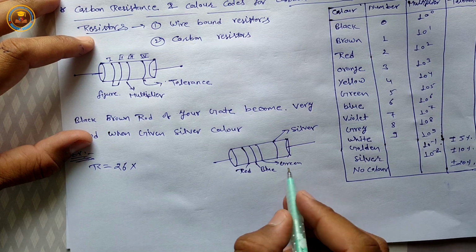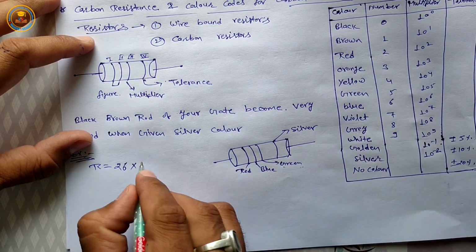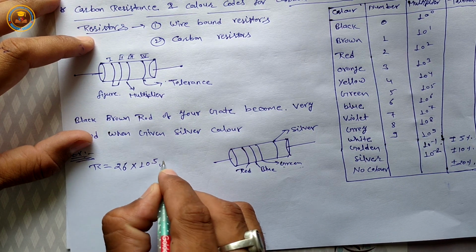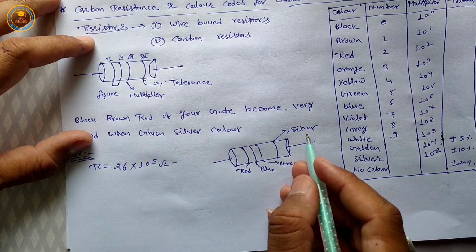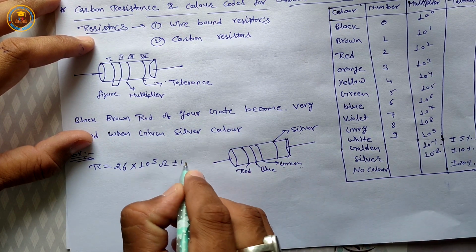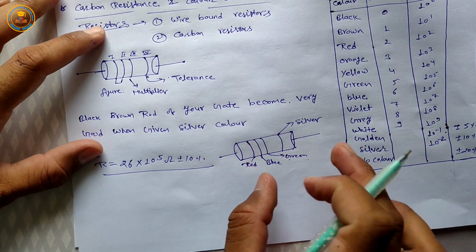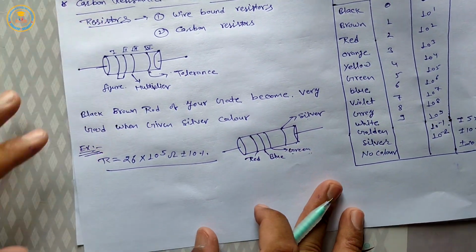Multiply by the multiplier of green color, which is 10 to the power 5 ohm, and the tolerance for silver color is plus minus 10%.